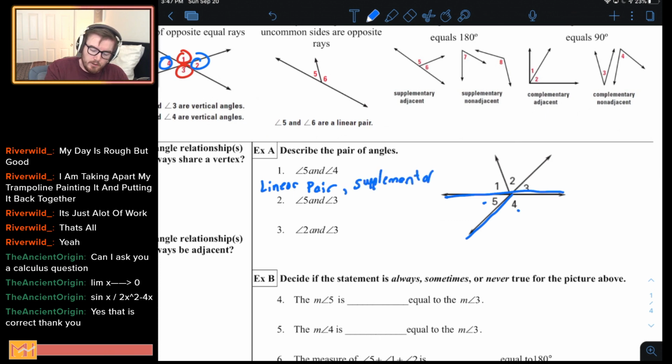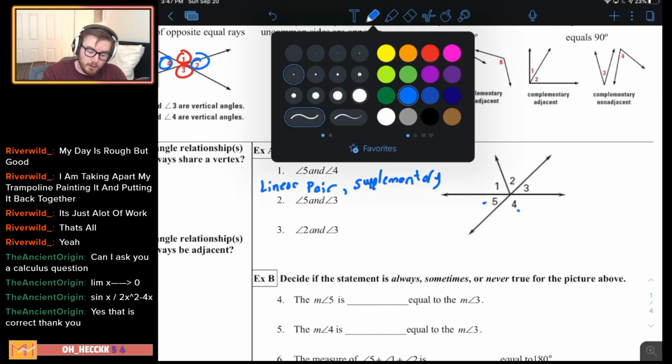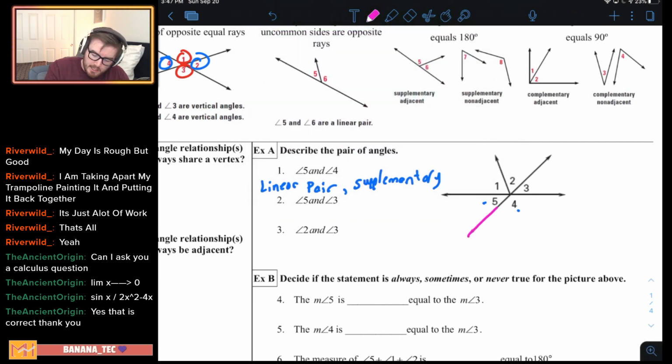So I can use both words for that; either would be correct. 5 and 3: the key thing about vertical angles is that they're made by intersecting lines. This line and this line are intersecting one another, and 5 and 3 are on opposite sides of that intersection. So we call them vertical angles.